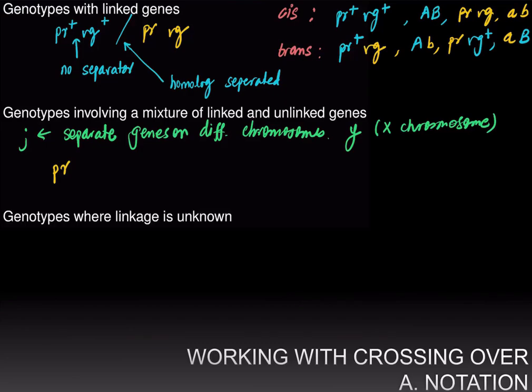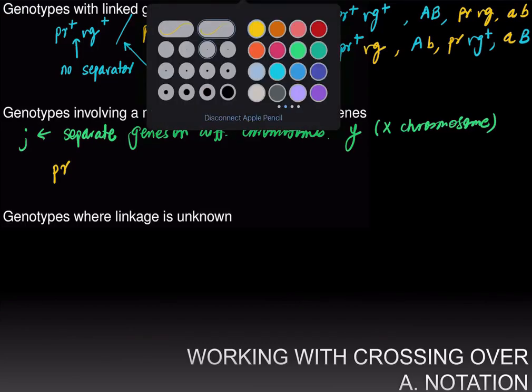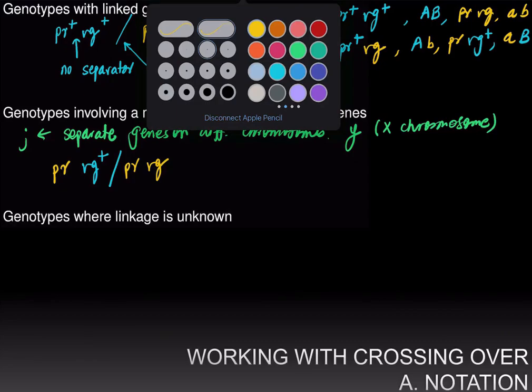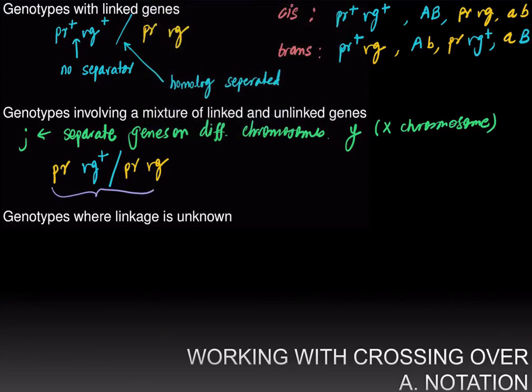They have the mutant recessive allele for purple and the wild type dominant allele vestigial plus on one homolog, while the other homolog must have the mutant recessive allele for purple, since they are homozygous recessive for purple, as well as the mutant recessive allele for vestigial, since they are heterozygote. And that is what chromosome 2 looks like.